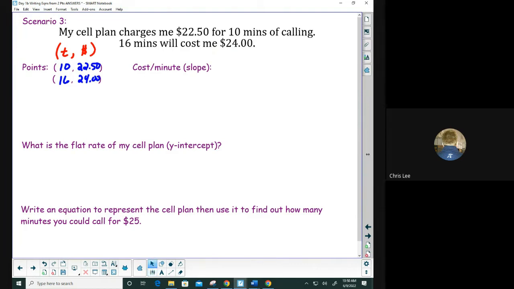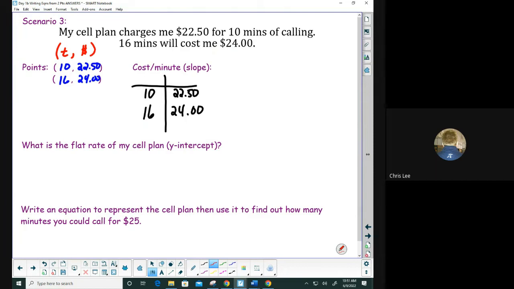Table. Okay, again, this is not something I can figure out just in my head. I've got to use the algebra.